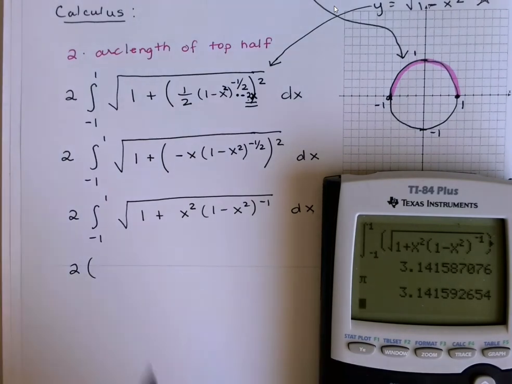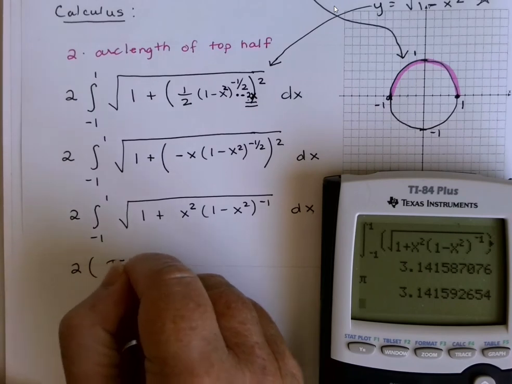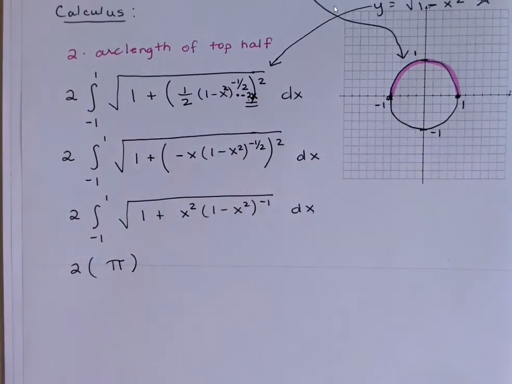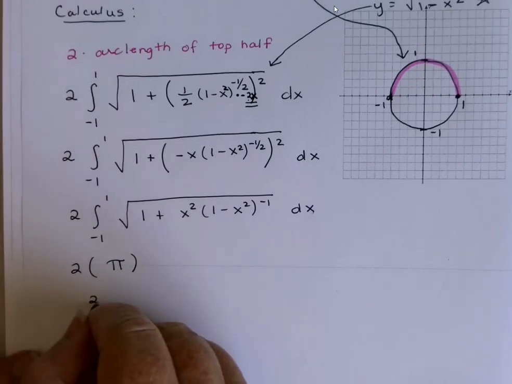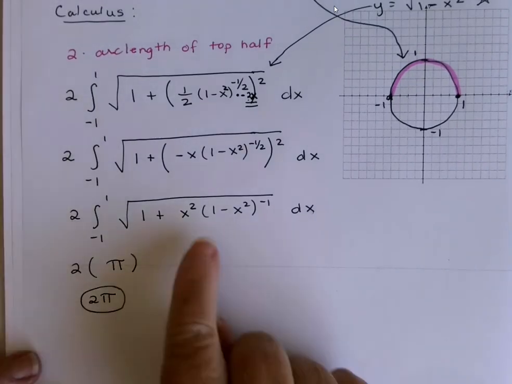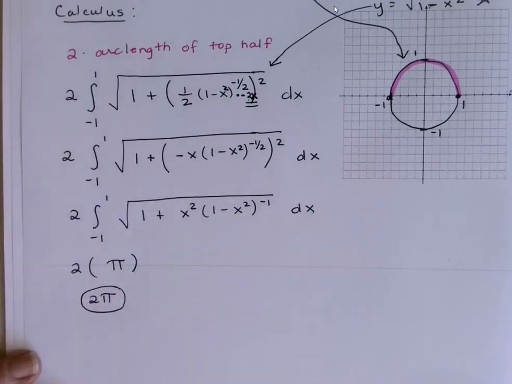Yeah, I think we got an answer of pi. All right, so 2 times pi, my final answer is just 2 pi. So the fact that that's an improper integral, as I mentioned, we'll talk more about it later. The calculator can handle it, but as you saw, it took it some time to do it.